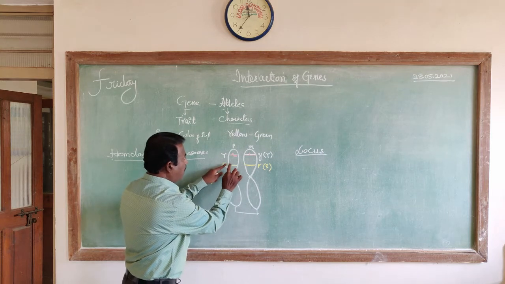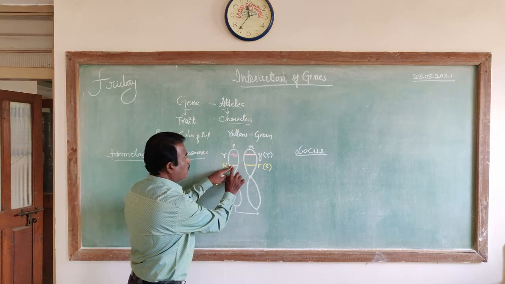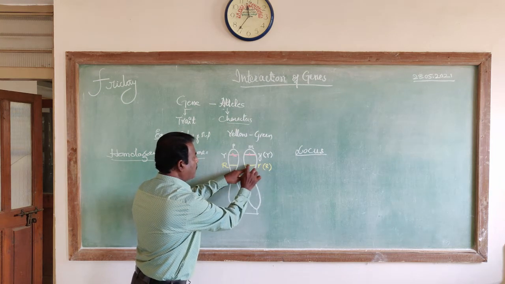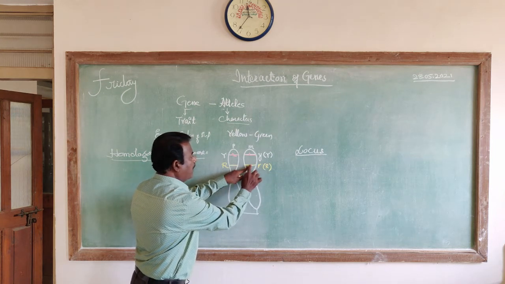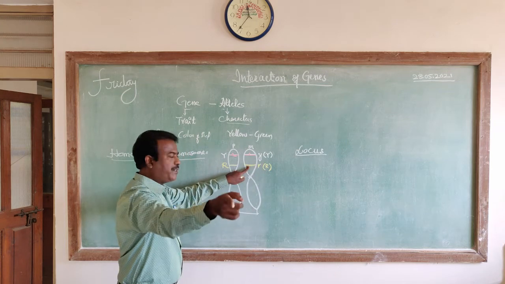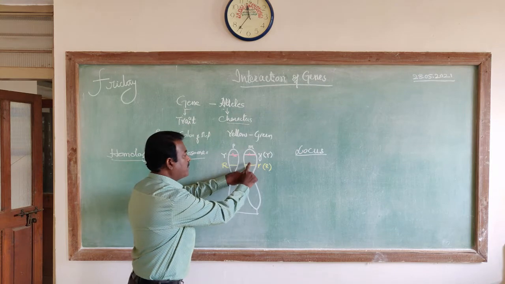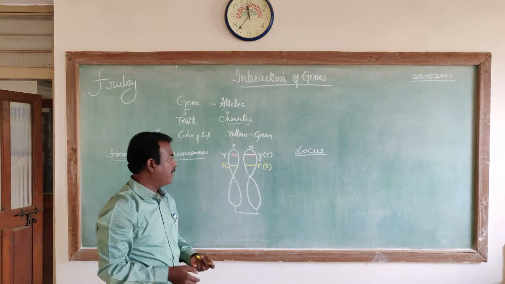If capital R is present on the paternal chromosome, then corresponding to that on the maternal chromosome we find either capital R or small r. If we find capital R, that represents a round seed. If it is a small r, it is recessive, and that is for wrinkled.